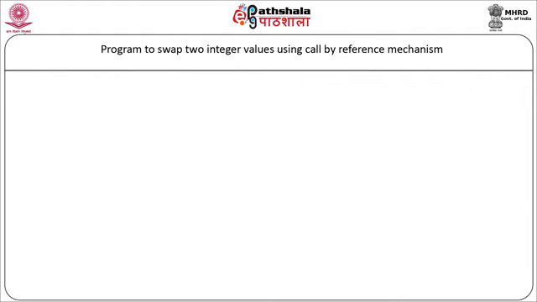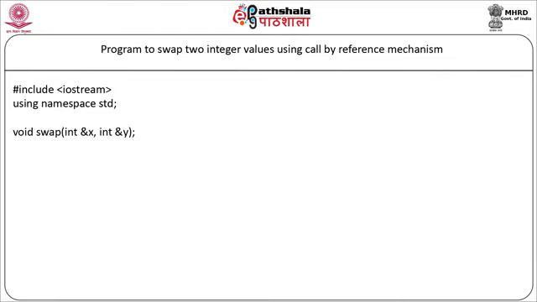Now let us see a program to swap two integers using the call by reference mechanism. We will start with the program, #include <iostream>, using namespace std. We will first define the function swap as void swap(int &x, int &y). Now this is a change that has to be noted. Here we are passing the reference, so our parameters are int &, not just int x.